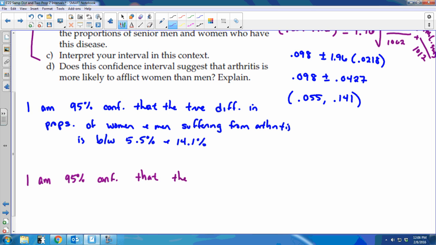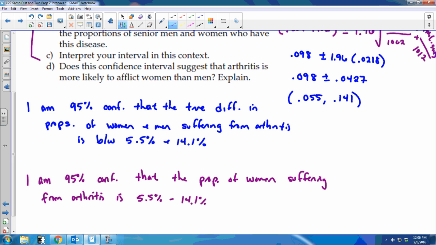that the proportion of women suffering from arthritis is 5.5% to 14.1% higher than the proportion of men suffering from arthritis.